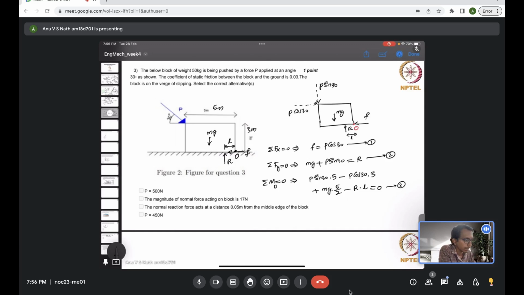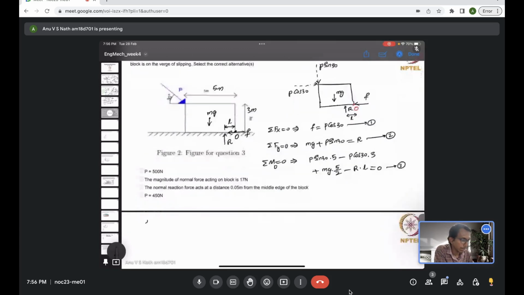But it's given that we have to solve the system at the verge of slipping, so that the system is still in equilibrium, just starting to move, or just before the motion. So the friction force should be equal to mu s, the coefficient of static friction, times the normal reaction. So there should be a relation between them.